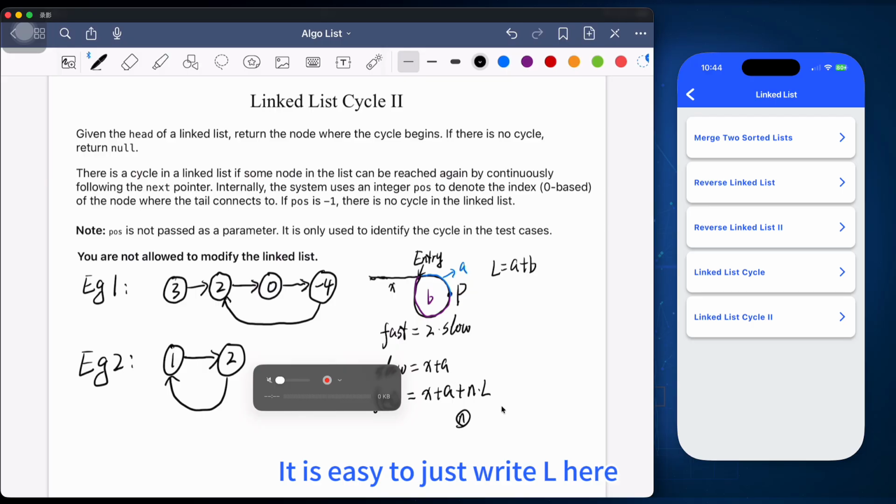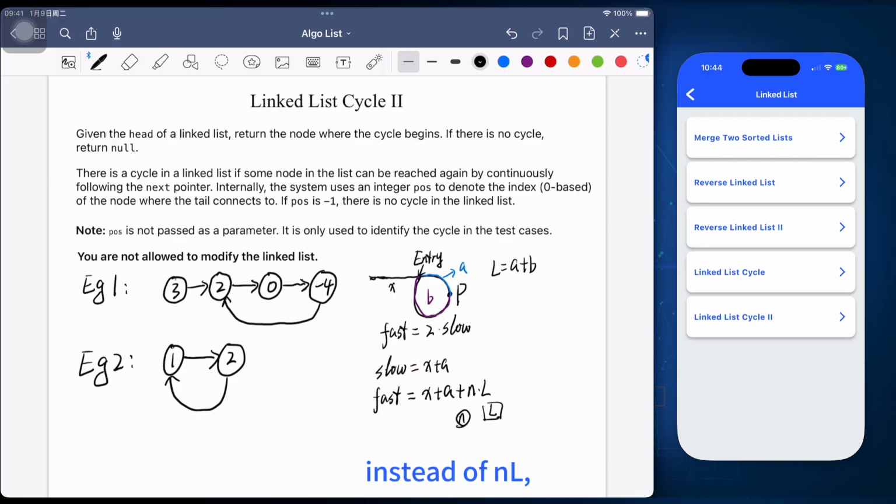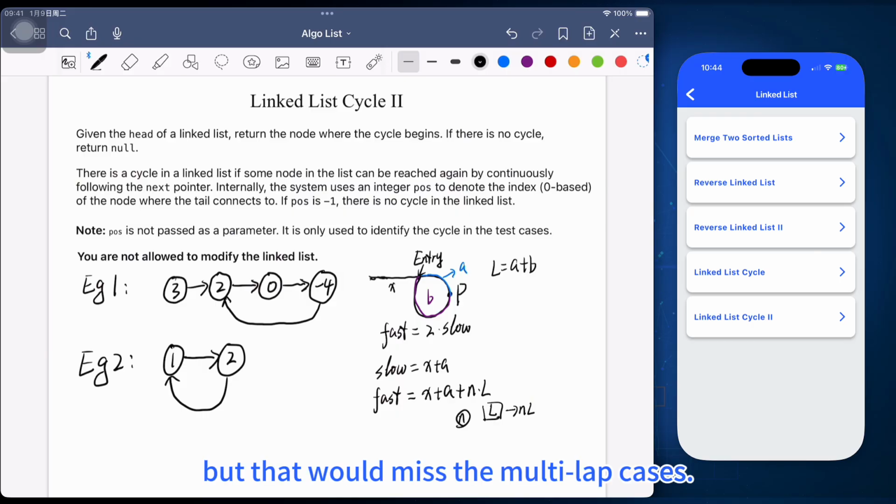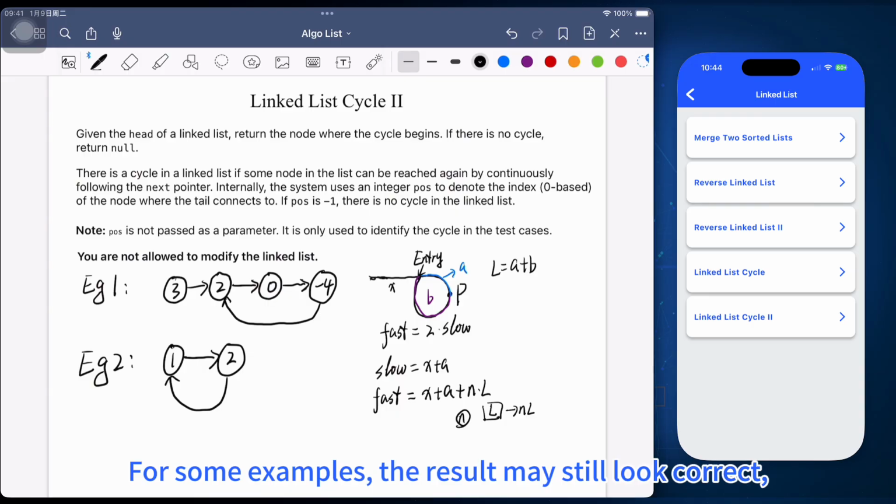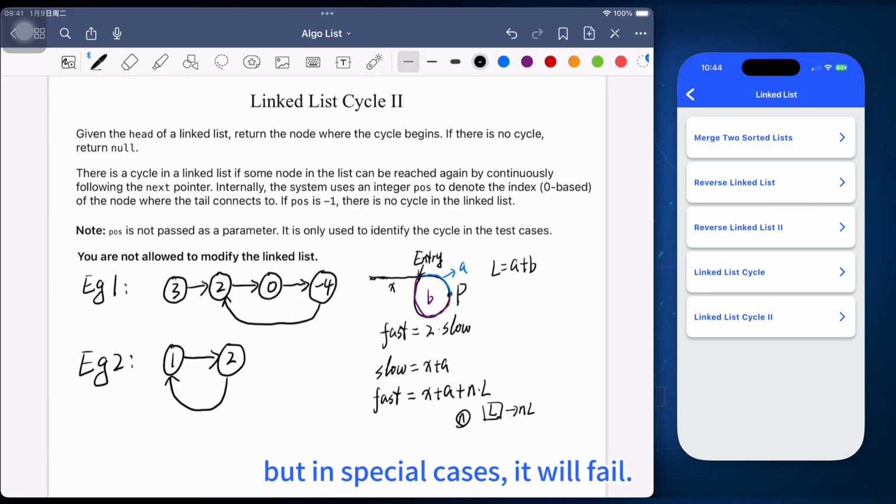It is easy to just write L here instead of nL, but that would miss the multi-lap cases. For some examples, the result may still look correct, but in special cases, it will fail. We will come back to this point later.